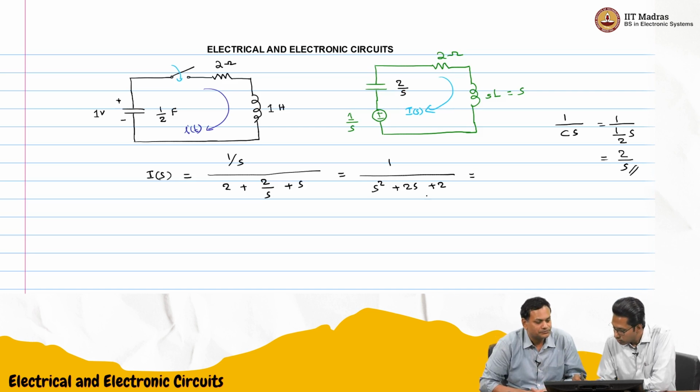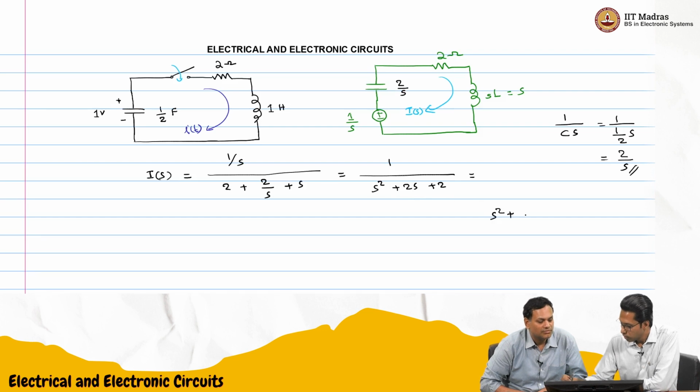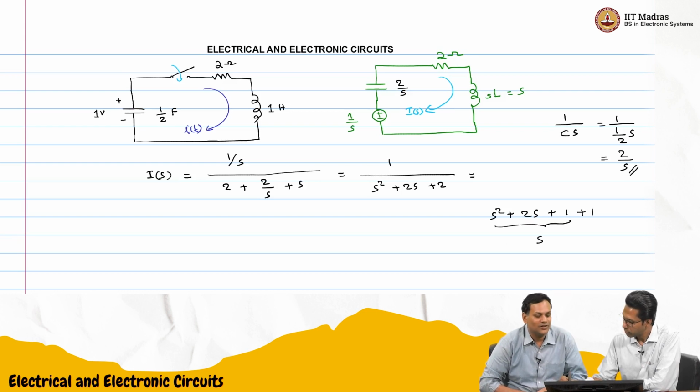So here, this means I can write it as maybe S square plus 2S plus 1 plus 1? Yeah. Okay. So this will become S plus 1 whole square.